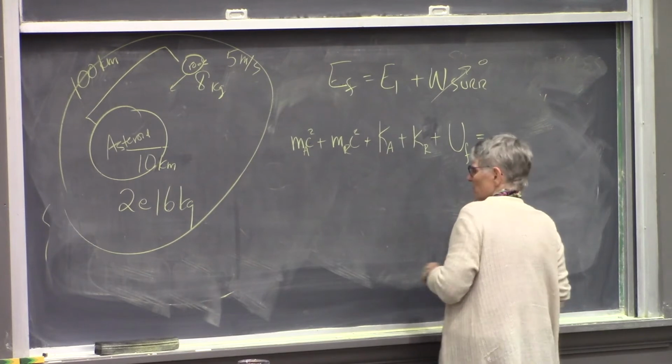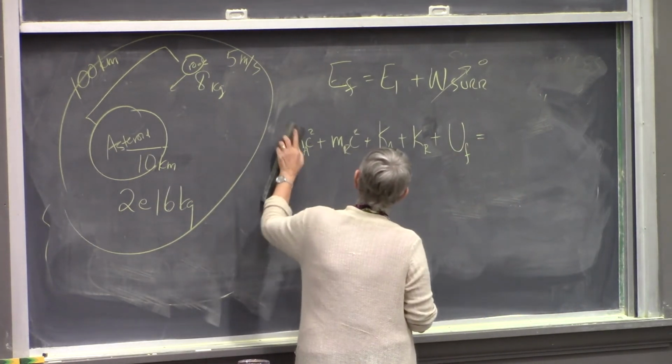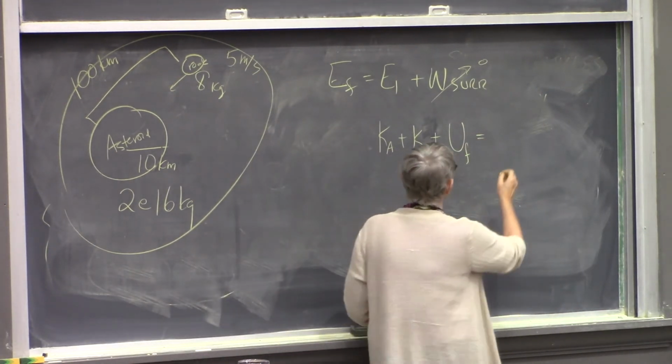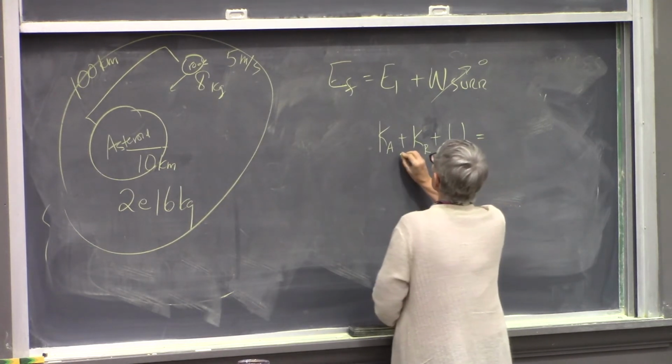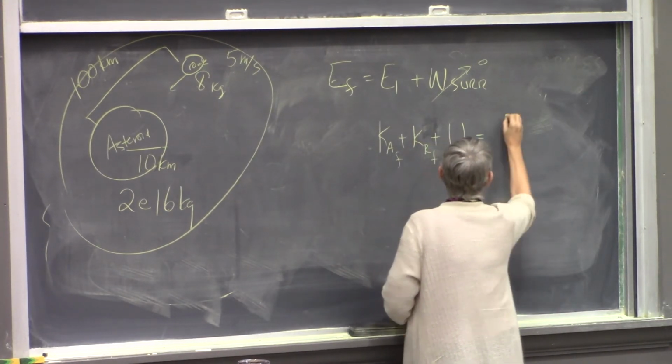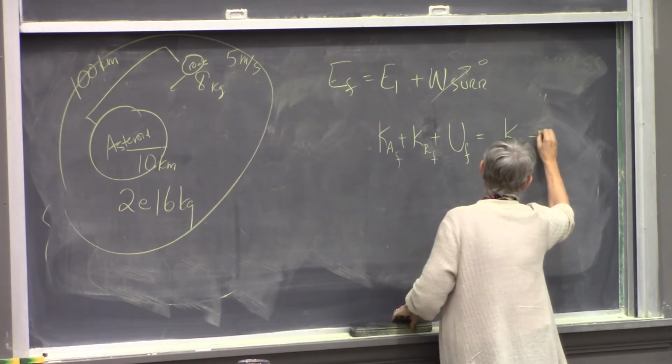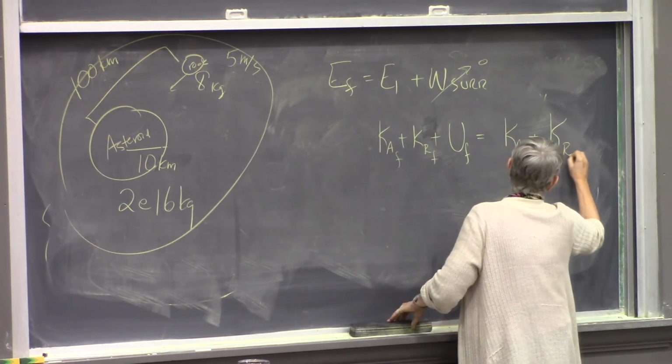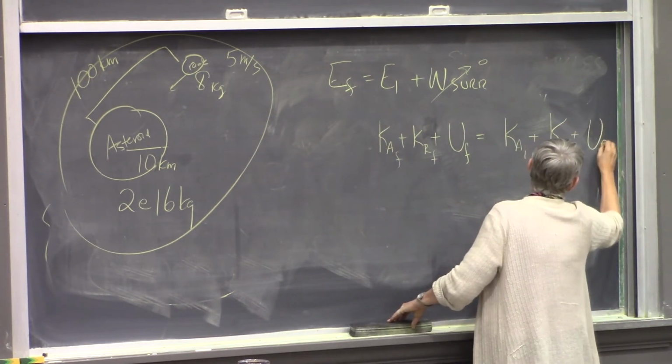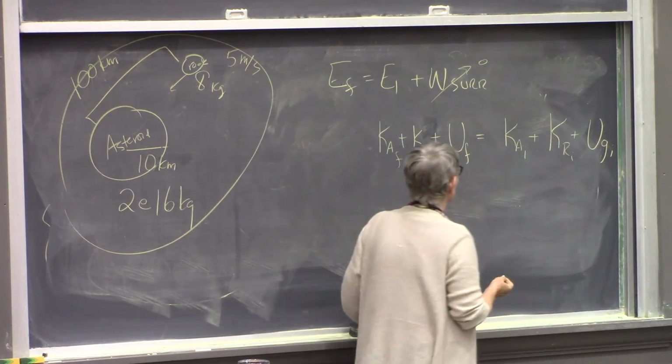We know the rest energies aren't changing, so let's not include them. So these are final kinetic energies. We have the initial kinetic energy of the asteroid, the initial kinetic energy of the rock, and the initial gravitational potential energy.